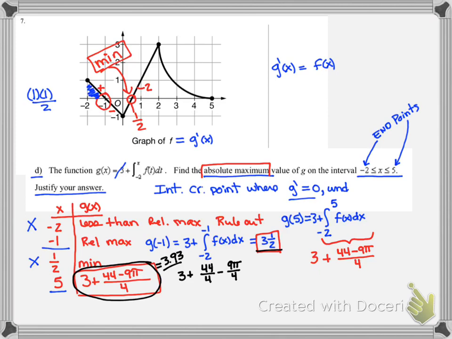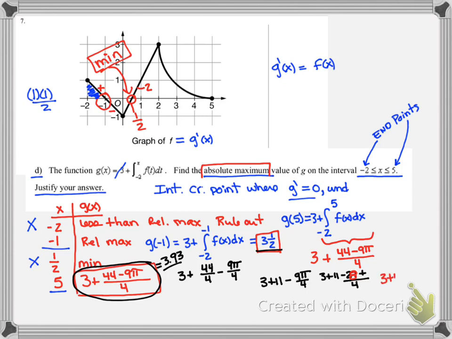3 plus 44 over 4, well, that's going to be 11. So I could say I have 3 plus 11 minus 9 pi over 4. So that's going to be 3 plus 11 minus a little bit more than 27, 27 plus, divided by 4. So this 27, if it was 28 divided by 4, that would be 7.